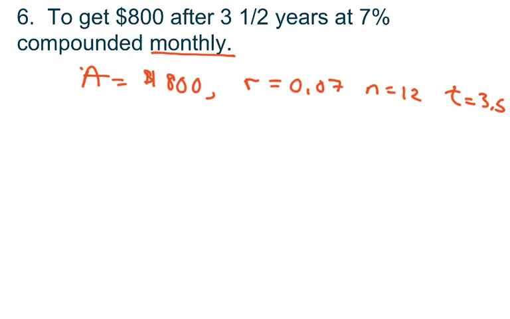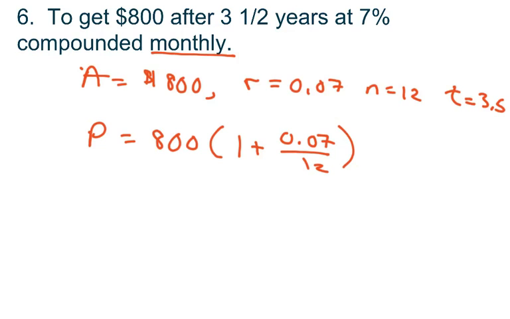So we get P equals 800 times (1 plus 0.07 over 12) to the negative 12 times 3.5. And this is going to be approximately 626.61.